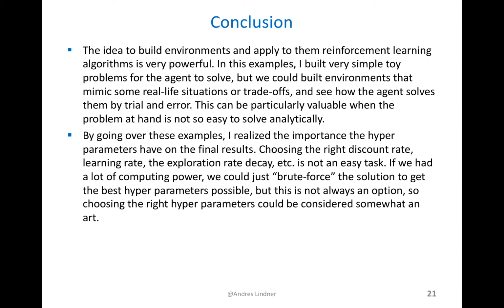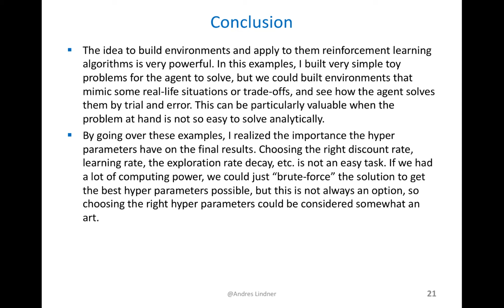Also, one learning from all this process for me was the importance of hyperparameters. I document this more in my report. The discount rate is very critical for the success of the learning. Depending on the discount rate, sometimes the agent may not learn at all, or may get significantly worse results.